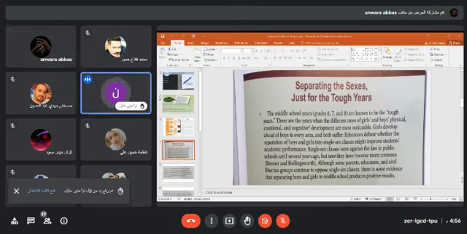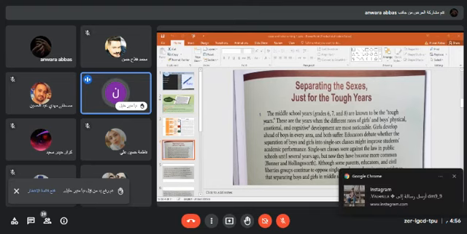Separating the sexes just for the tough years. The middle school years, grades 6, 7, and 8, are known to be the tough years. These are the years when the different rates of girls' and boys' physical, emotional, and cognitive development are most noticeable. Girls develop ahead of boys in every area, and both suffer. Educators debate whether the separation of boys and girls into single-sex classes might improve students' academic performance.